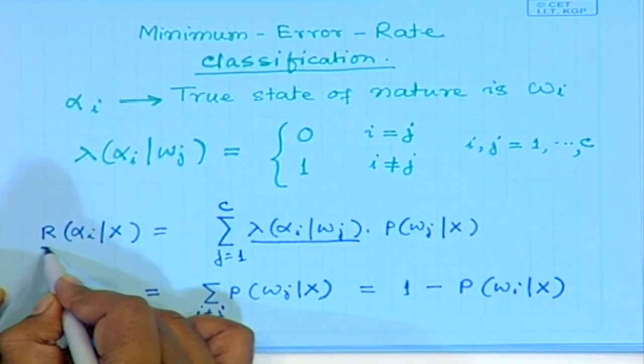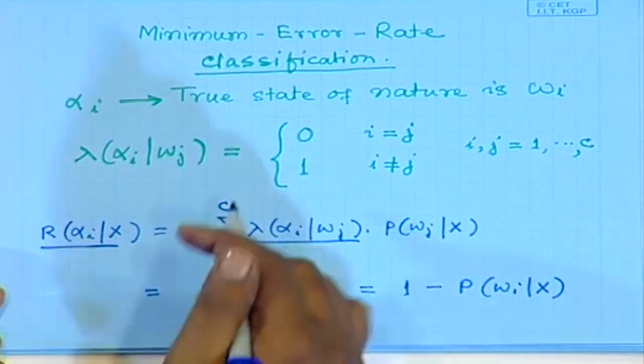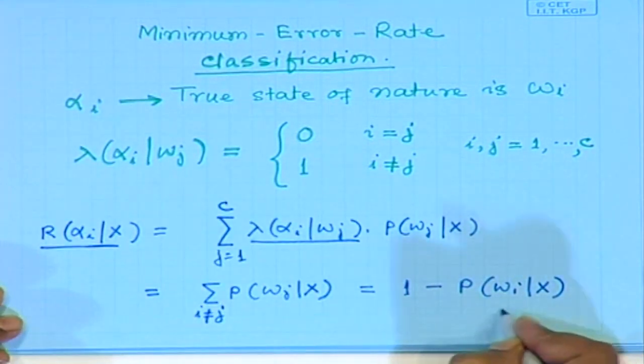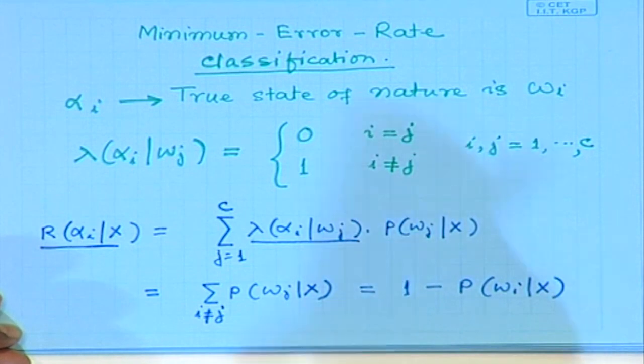So, this minimum risk classifier in this particular case boils down to the minimum error rate classifier. Starting from there I can have various types of classifiers, but finally all of them turn out to be equivalent, and under different situations I can use them differently depending upon our convenience, how we can model our problem in a particular domain.